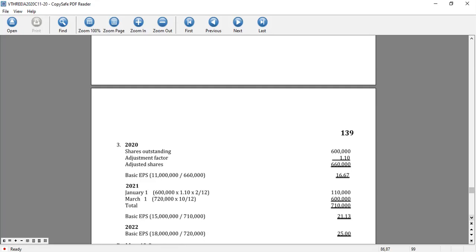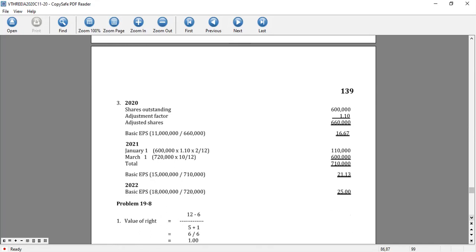So the basic EPS now in 2021, considering the net income of 15 million, and then we divide it by 710,000. That's your adjusted number of shares. So we get 21.13.